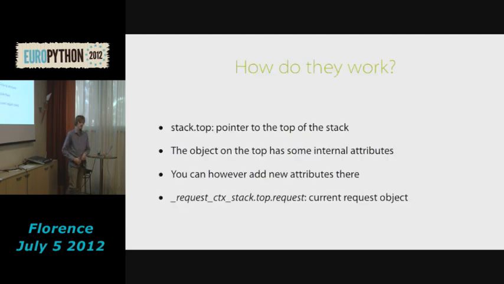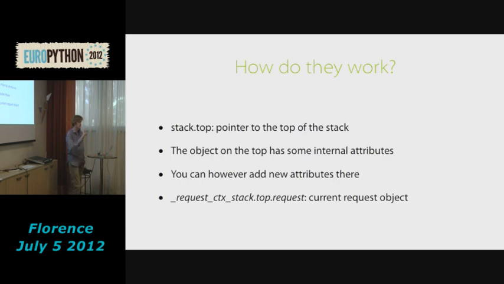When you have a stack, like the request context stack, .top gives you access to the topmost level, which is what's happening right now. And this object is documented as having a bunch of interesting attributes on it. But every extension can put more attributes on this thing.